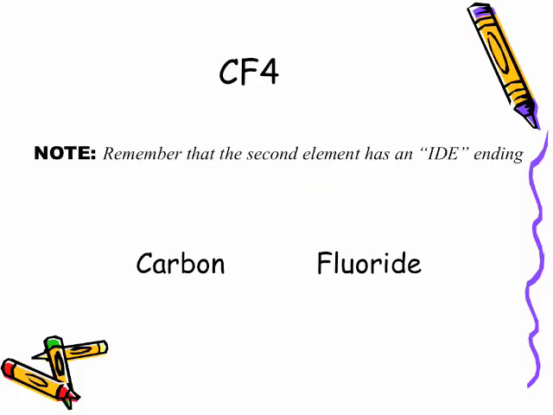So let's look at the first one, CF4. Remember that the second element has an IDE ending. So in other words, this should be some kind of carbon fluoride. Remember that the second of the two nonmetals has the IDE ending. But we have to keep in mind that we have to list all the elements.